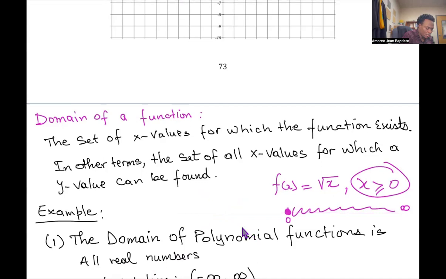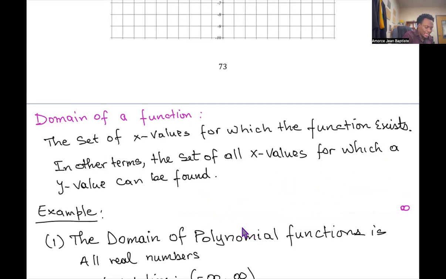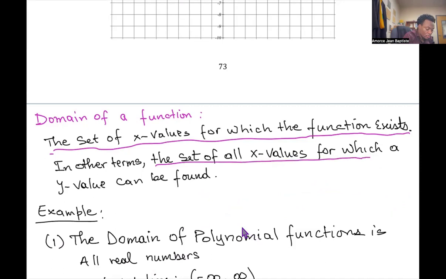Now, that's why I'm going to show you these rules to allow you to identify what to do whenever you have a different type of function. And by definition, the domain is the set of all x values for which the function exists. In other terms, the set of all values for which a y value can be found.